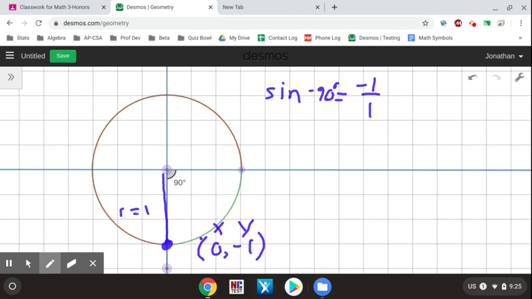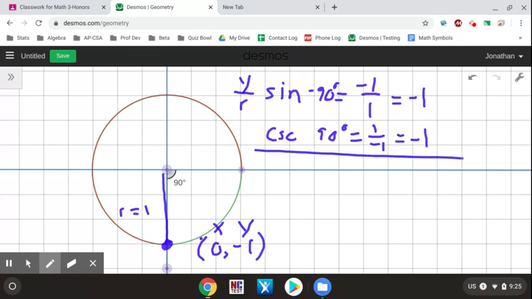So -1 over 1, because sine, once again, is y over r. We're just reviewing what we talked about a couple days ago. So when we look at the next one, the opposite of sine is cosecant. And I would just flip that upside down. So instead of having -1 over 1, technically I would have 1 over -1, but it's really the same answer of -1.